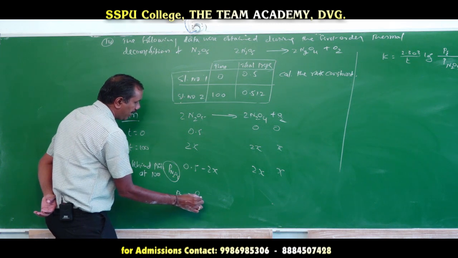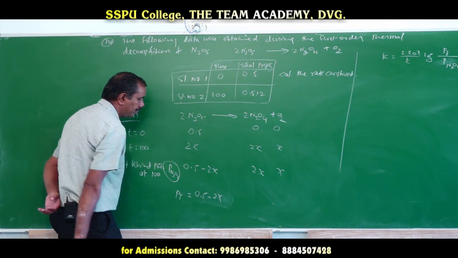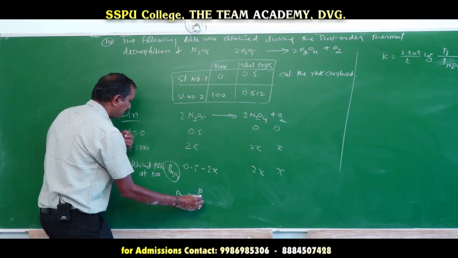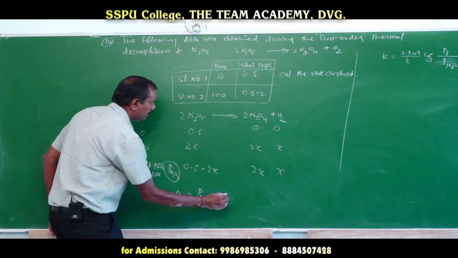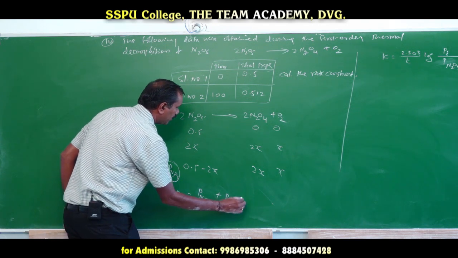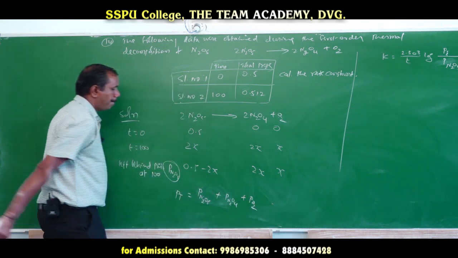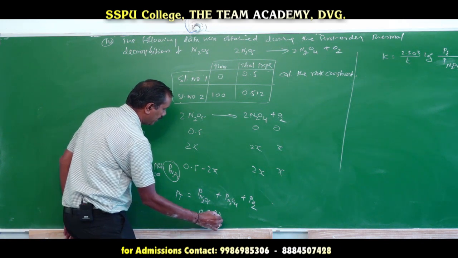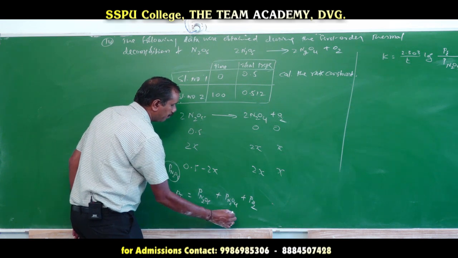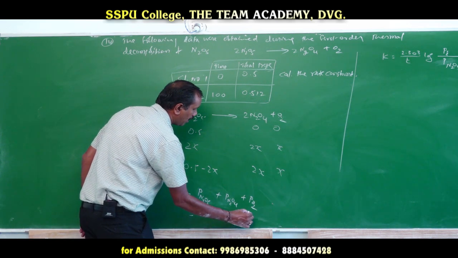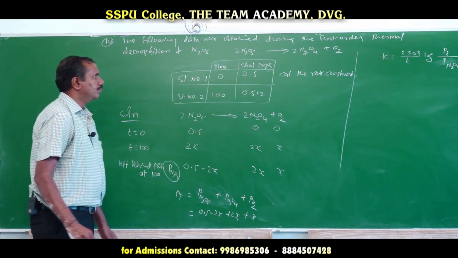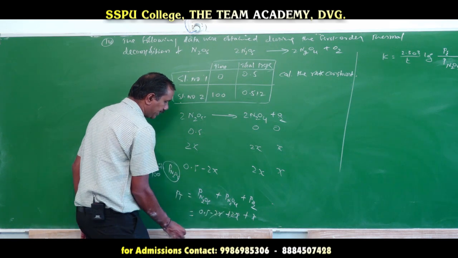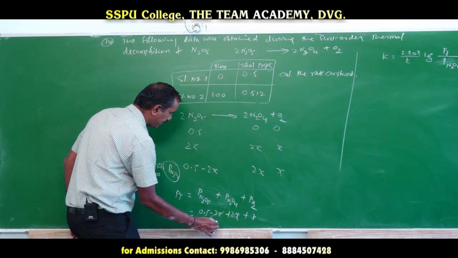So P total is the partial pressure of N2O5, 0.5 minus 2x, plus the partial pressure of N2O4, 2x, plus the partial pressure of O2, x. The 2x terms cancel, so it becomes 0.5 plus x.